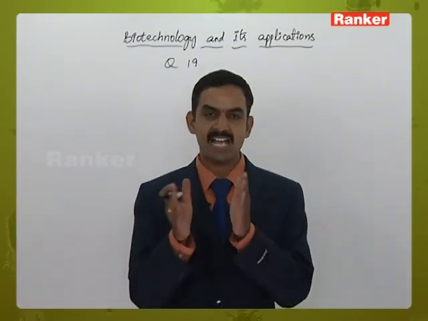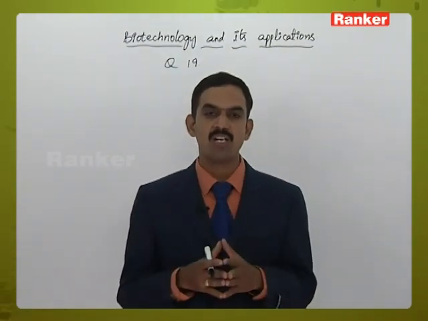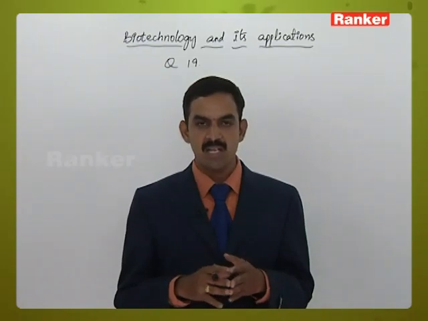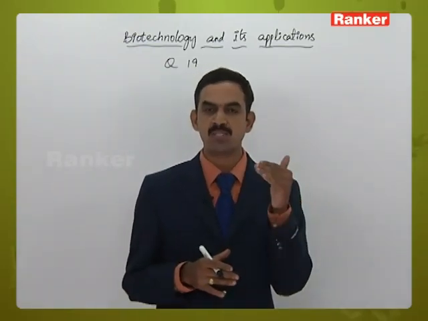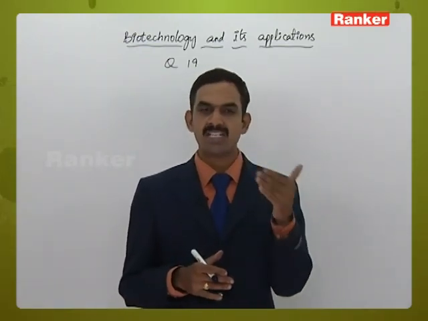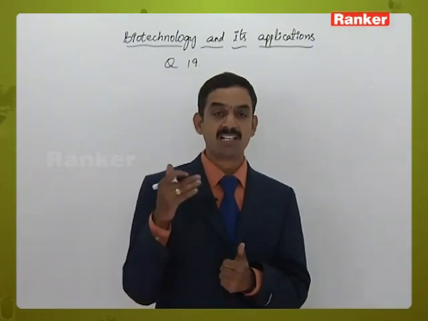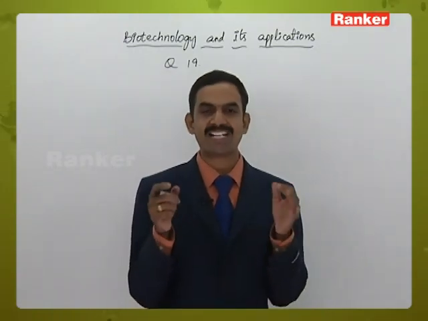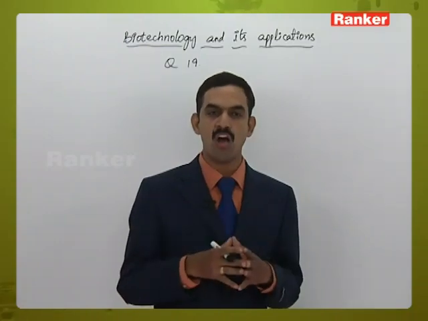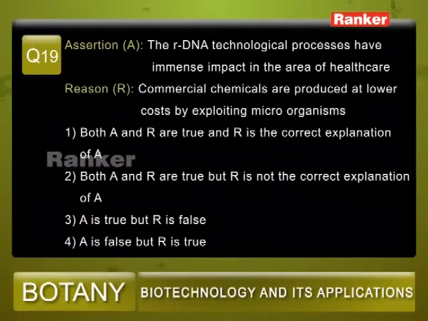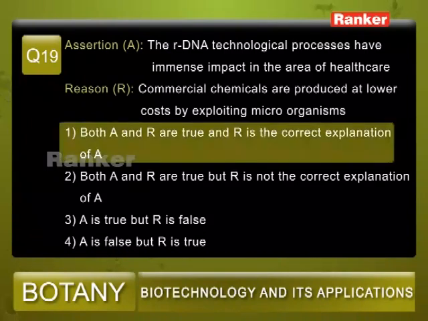By using a small amount of resources we can get more pharmaceutical products, that is, at low cost. By using low cost we can get more products, and that is done by exploiting the characteristics present in microorganisms. So both A and R are correct and R is the correct explanation of A. Question number 19, the correct answer is 1.